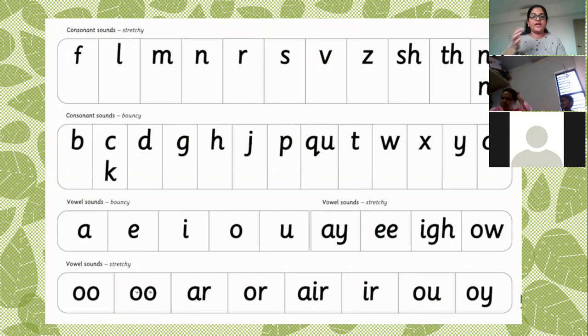And then when it comes to consonants, the consonants also have 2 categories. Some consonants are stretchy and some consonants are bouncy. The stretchy sounds are like when you say puff, we have to stretch the f, right? When you say pull, we have to stretch the l, right?